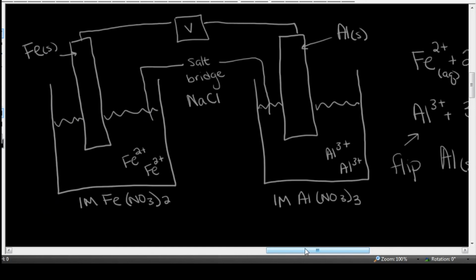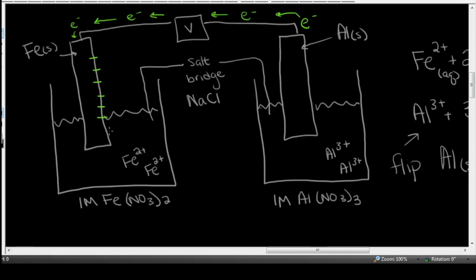Let's draw what that looks like over here. If the aluminum is losing electrons, that means that the electrons are going to be flowing this way. So in our last example, they were flowing left to right. Totally doesn't matter. Left to right, right to left, it's really arbitrary. So the electrons are going to be coming down here onto my iron electrode.